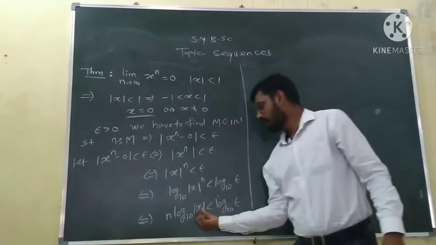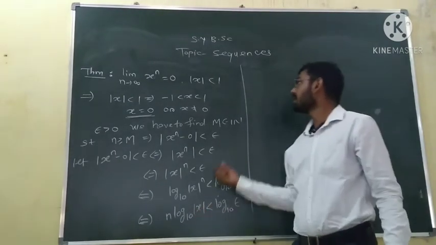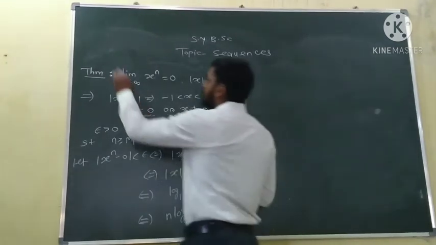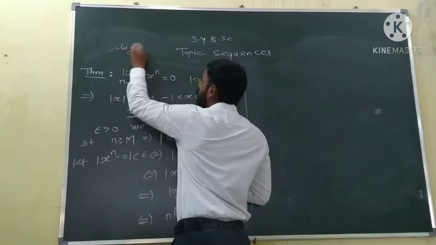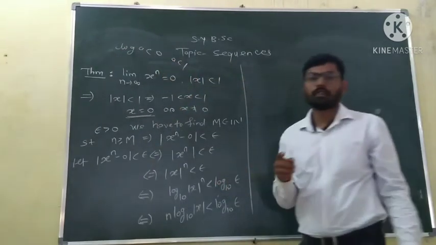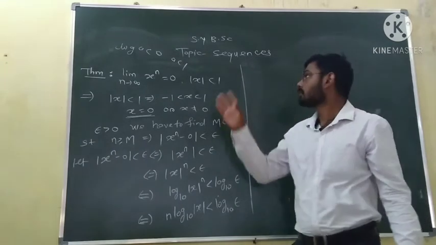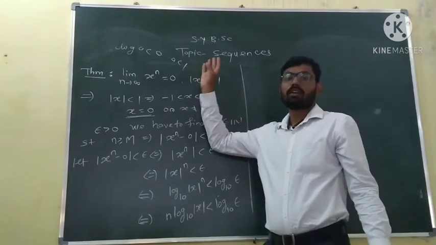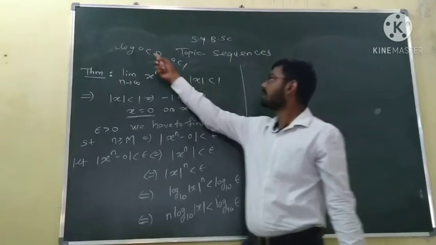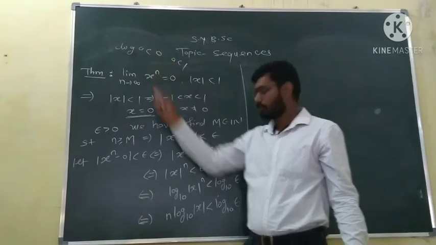Now here the value of mod x is less than 1, and we know one property of log: the log of a number a is negative when a is less than 1. So the log of a number which is less than 1 is always negative, less than 0.